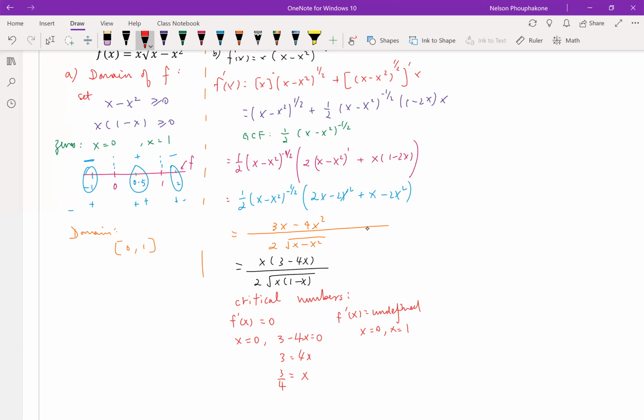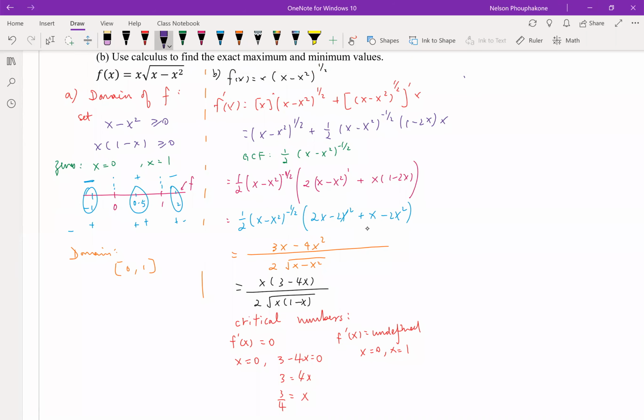Remember, the next step is we create a table, right? So I have x, between 0 and 1. In between we have 3/4.